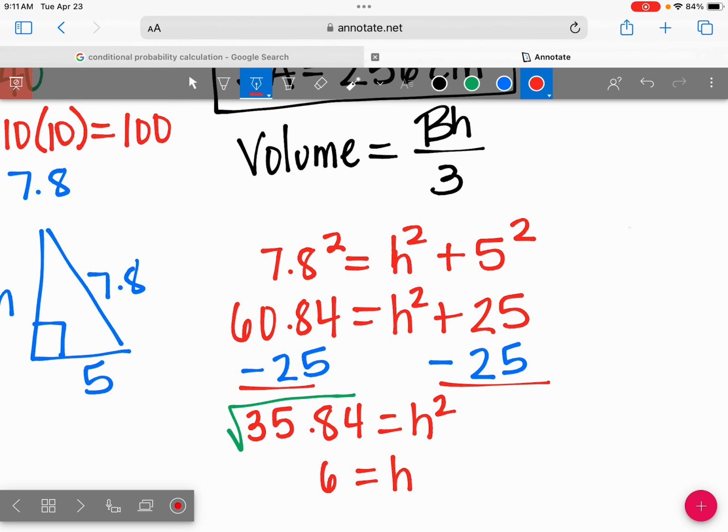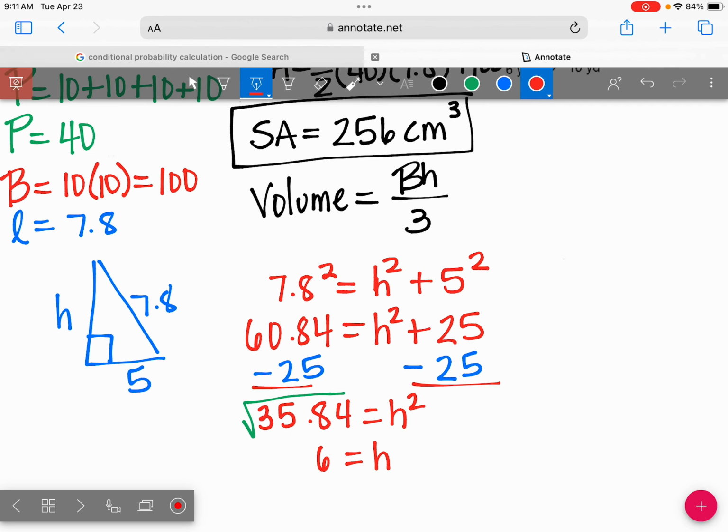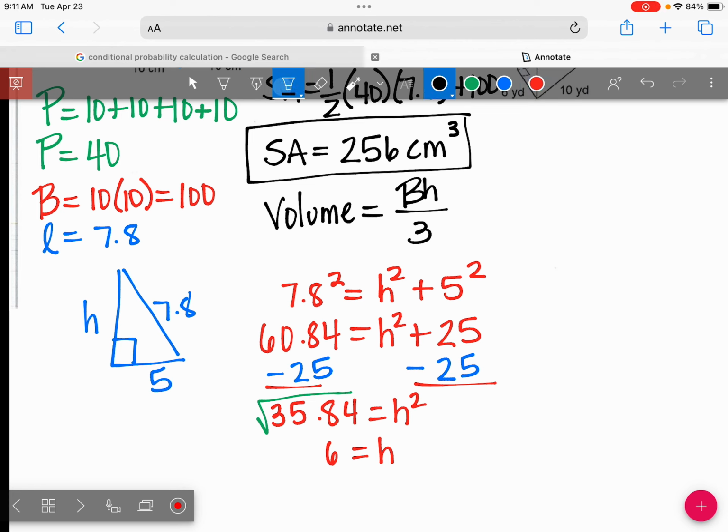So now that you know that, you can find the volume. Keep in mind, we're using the same B value. So I'm going to keep using this B value to find volume. So volume is going to be 100 times the height divided by 3. Go ahead and type that in your calculator.